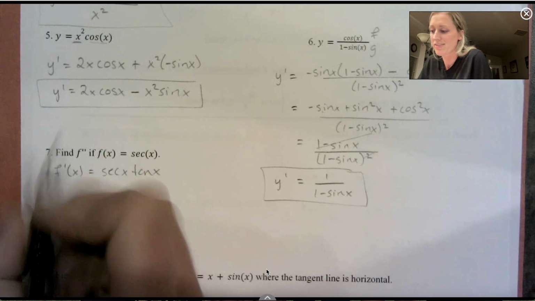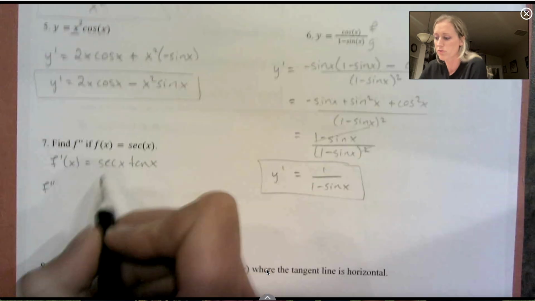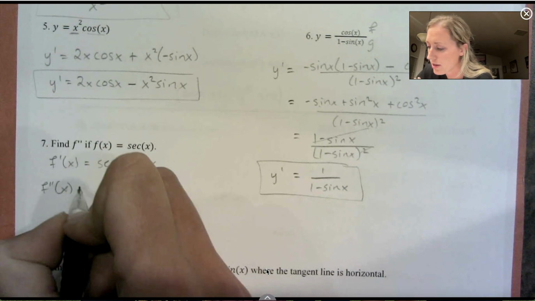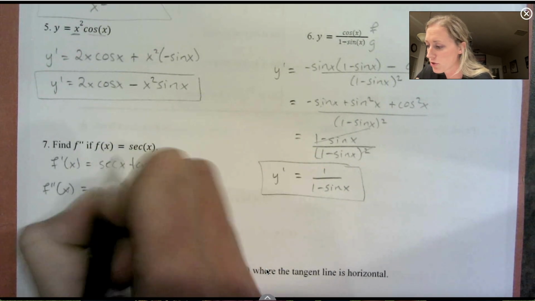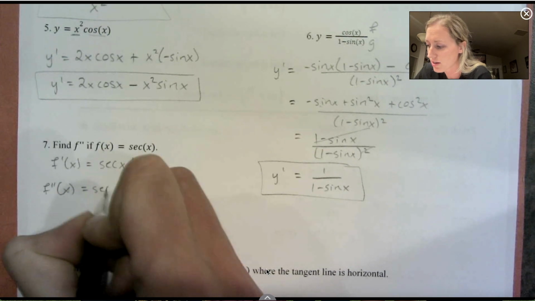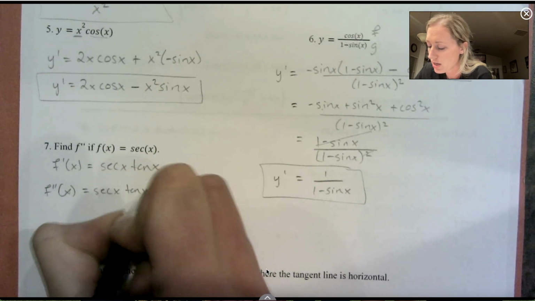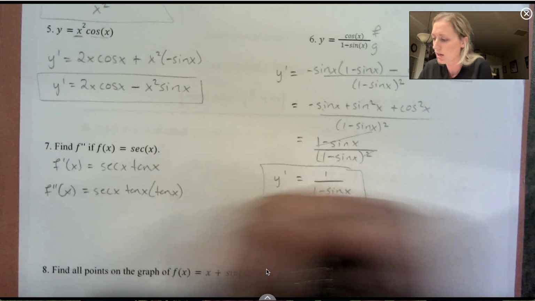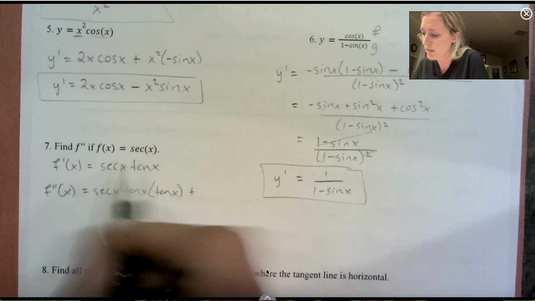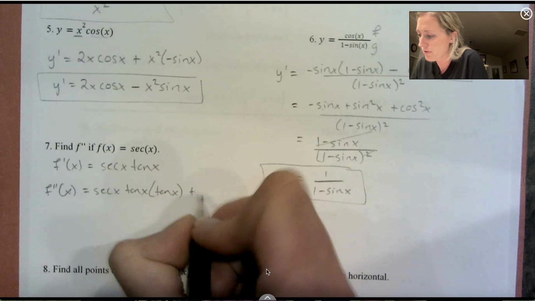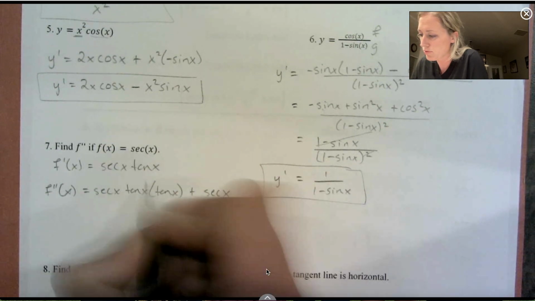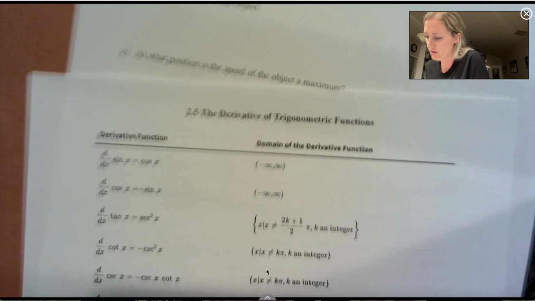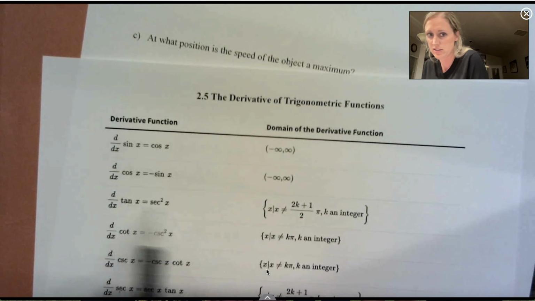Okay, so now to find the second derivative, we got to use the product rule. So we're going to say, so here's f, so f prime again would be secant tangent times g, there's our g function. Okay, plus f times g prime. So the derivative of tangent is secant squared.